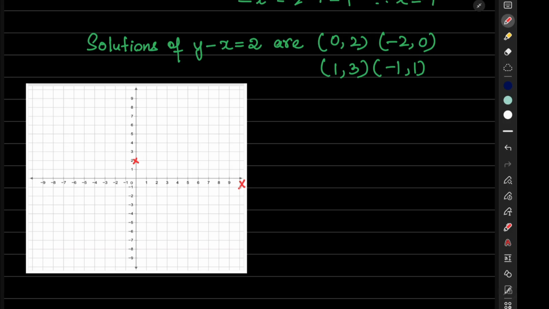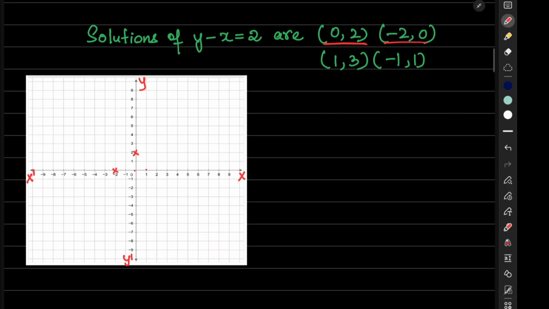So this is your x-axis and this is your y-axis, with your negative x-axis and your negative y-axis. The second point, 0 comma 2, is already plotted. Minus 2 comma 0 is here.